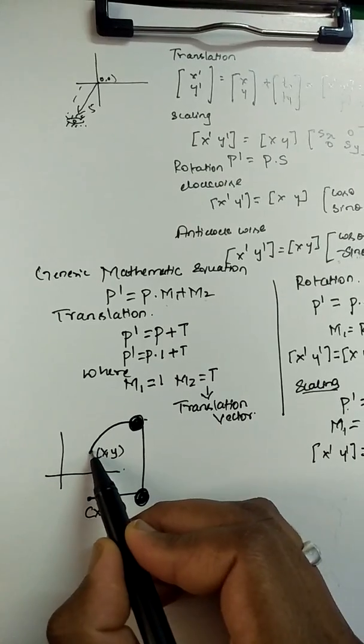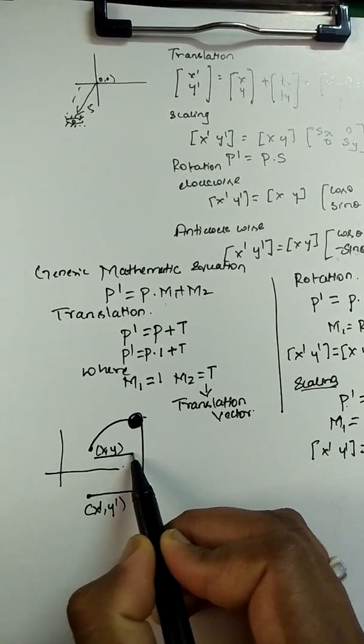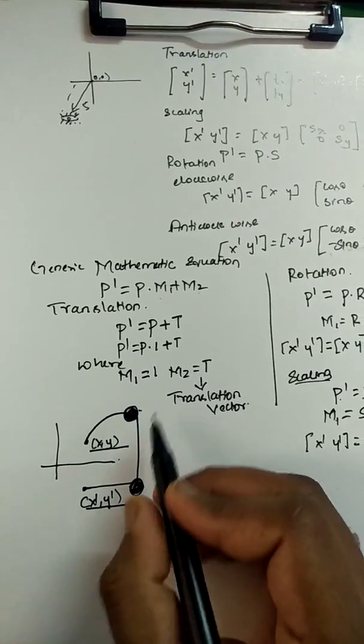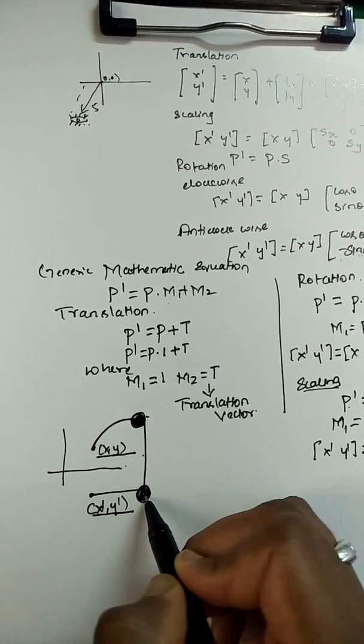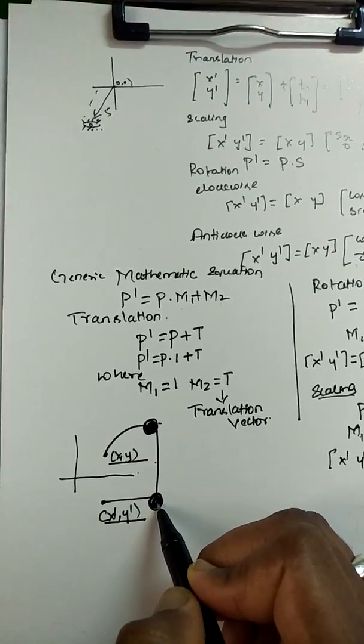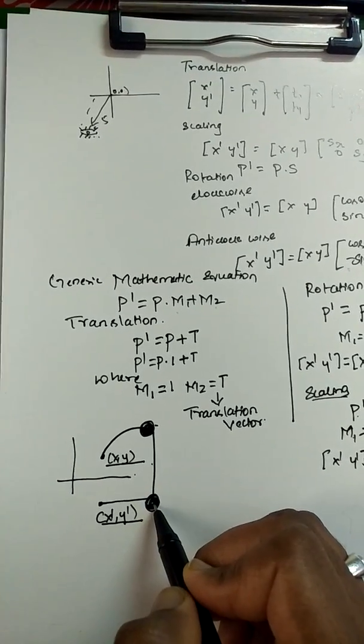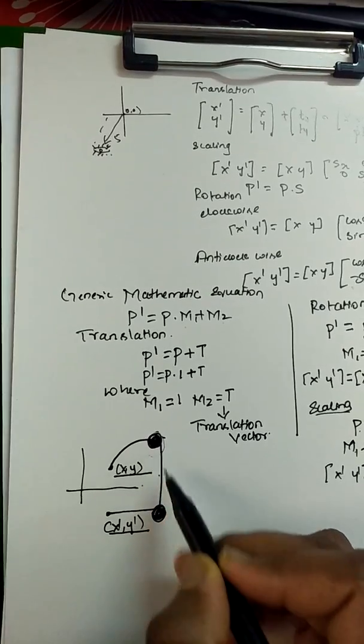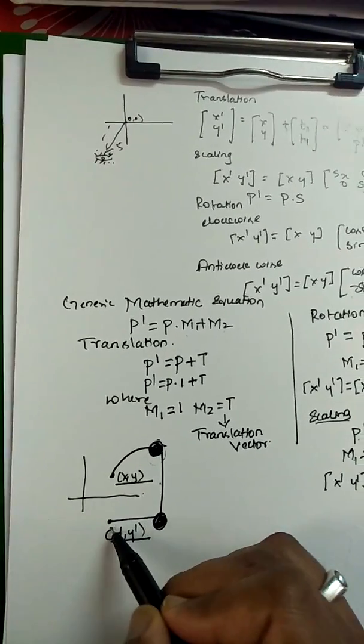Usually the user will be interested only in the old coordinate values and the x dash and y dash values, not in the intermediate operations. So we can experience a composition of transformations here: translation, scaling, again translation, scaling.